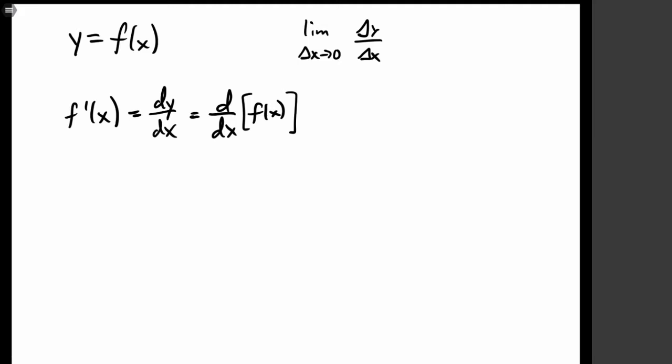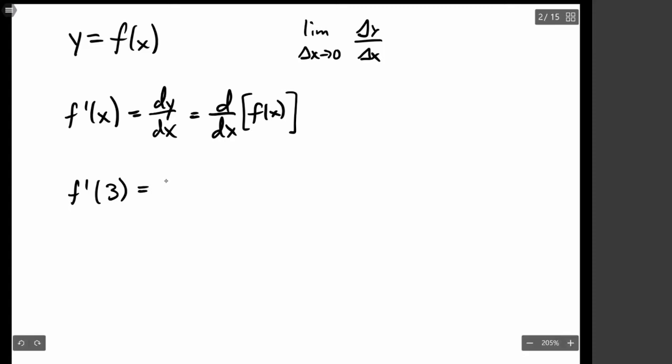Another thing we could do is, let's say we want to compute f prime of 3 or something like that. How would we signify that with this kind of notation, with this Leibniz fraction notation?